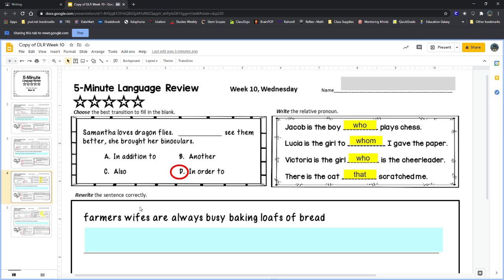There is something wrong with wives though. There's something wrong with wives, and it's a lot like the mistake that Kylie found earlier. Bella, do you know what the mistake is? What's wrong with wives?